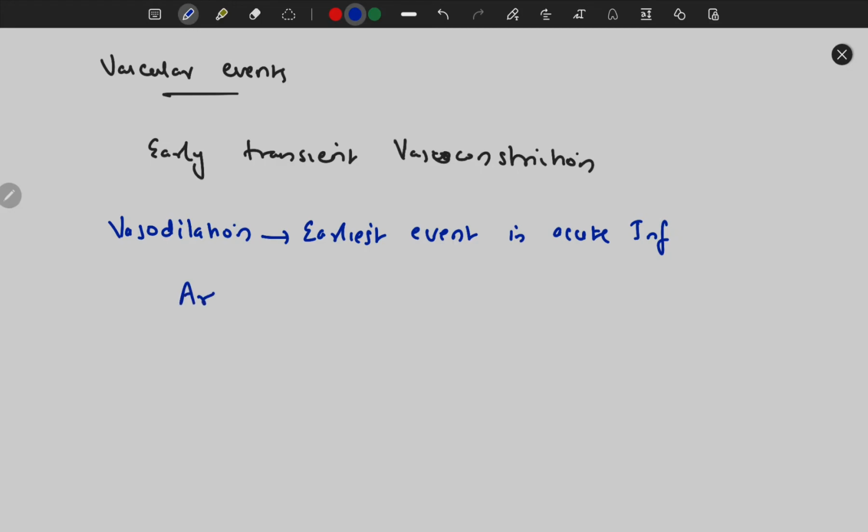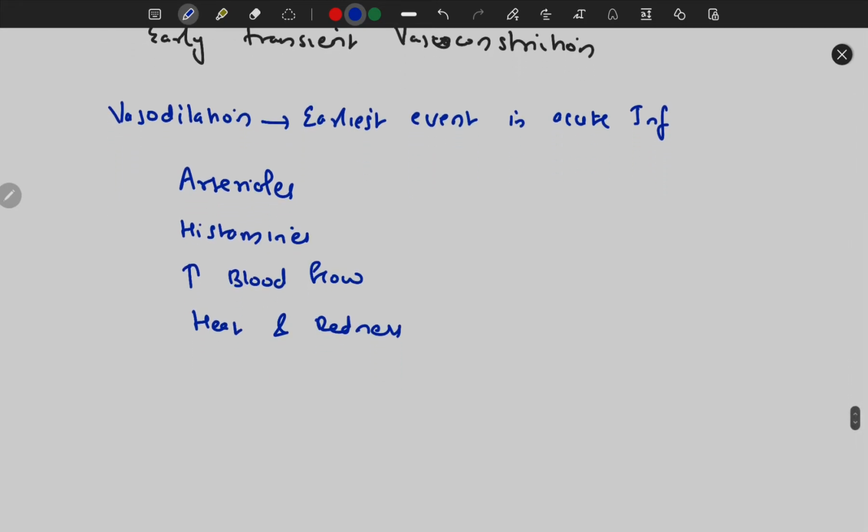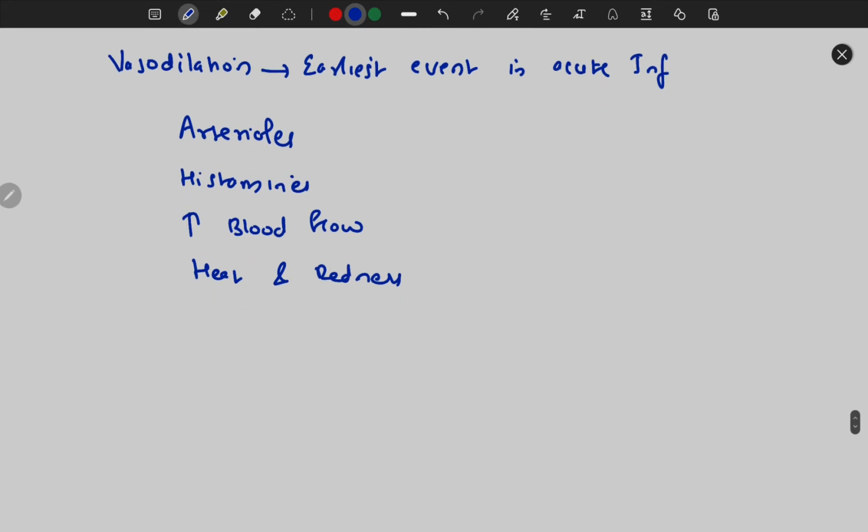Here there is a dilatation of arterioles, and it is mediated by histamine. So due to this vasodilation, there will be increased blood flow, and there will be heat and redness at the region of vasodilation.